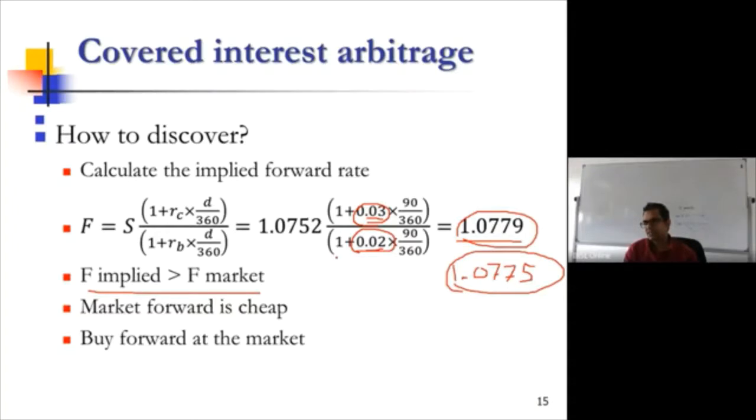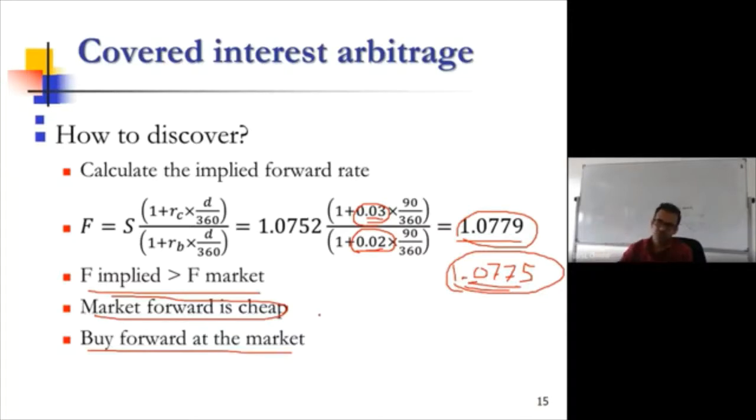Which market is cheap? Forward market or the implied forward? Forward market is cheap because the rate is low. So market forward is cheap. What do you do? Buy a forward at the market price.